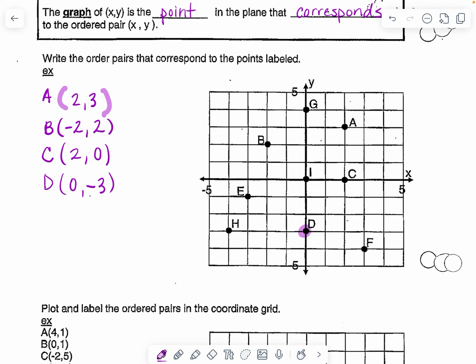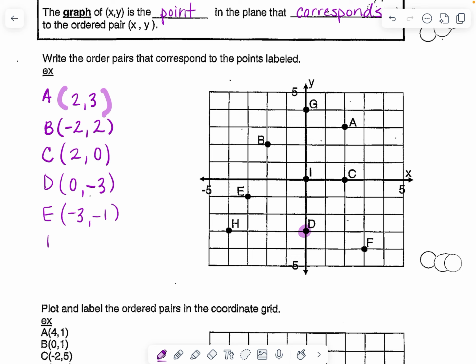All right, at this point, I'd say turn off the video, see if you can label the rest of the points, and then come back and check and see if you're getting them right. All right, so let's see how you did. If you labeled point E correctly, it was happening at (-3, -1).